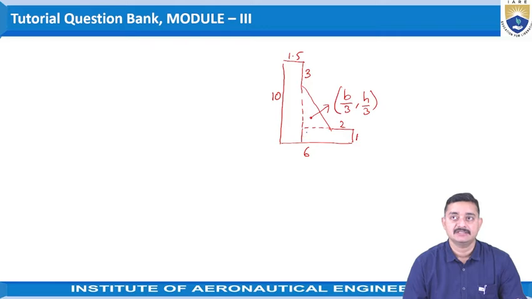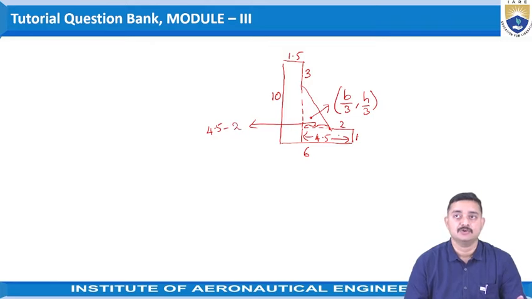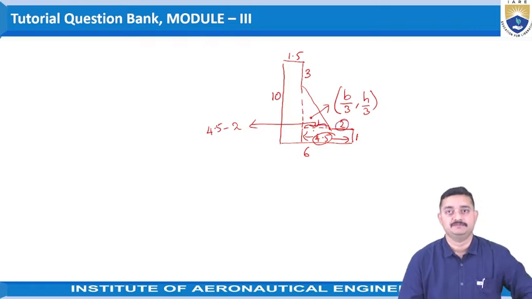See, this distance is 4.5, which is given, isn't it? Now this length would be 4.5 minus 2. The total 4.5 length minus 2 will give the length of this portion, the base of the triangle.